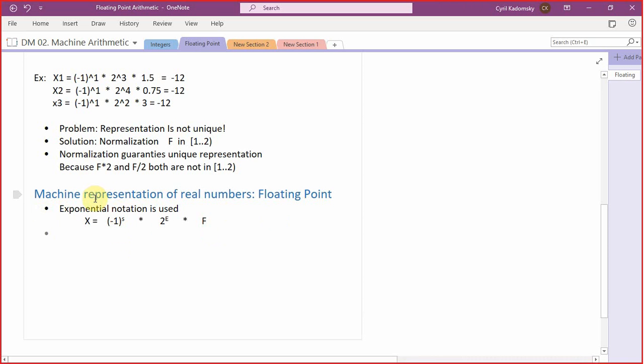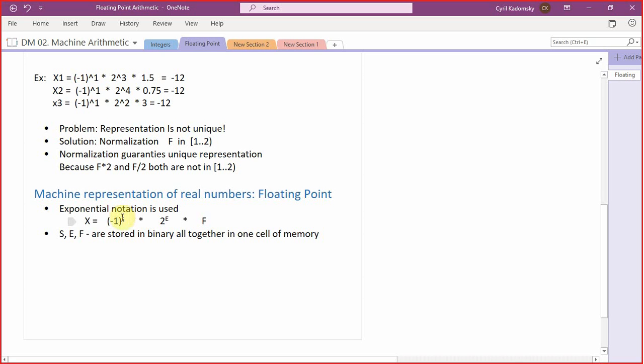In the machine representation, all the information must be stored in binary in our register. So the values for S, for E and F are stored in binary all together in one cell of memory.